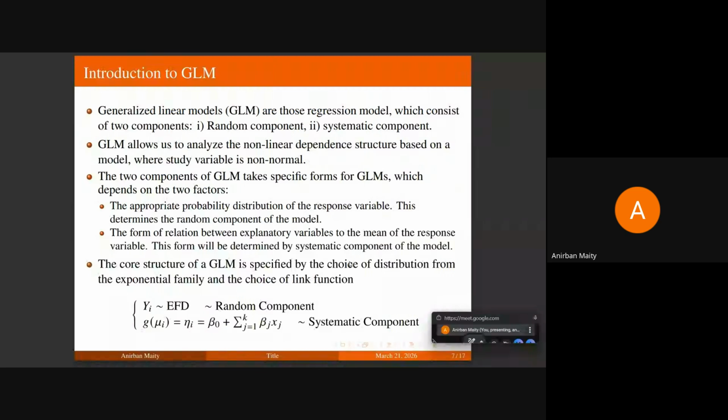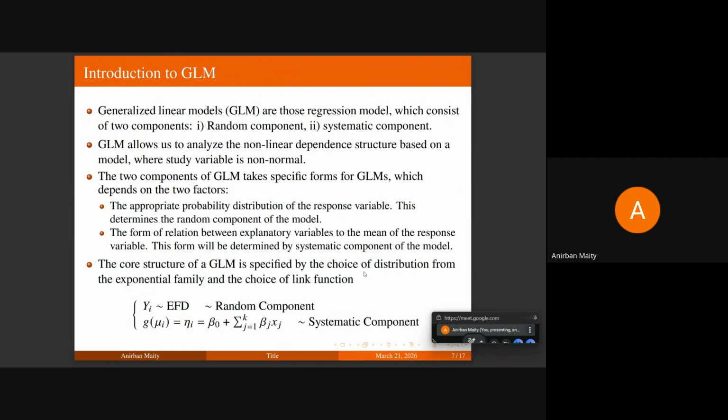Generalized linear models are those regression models which consist of two components: one is the random component and another is the systematic component. The random component is the dependent variable component, where we assume that the distribution of the random variable comes from a non-normal family, but it should belong to the exponential family of distributions, like gamma distribution, exponential distribution, and so on.